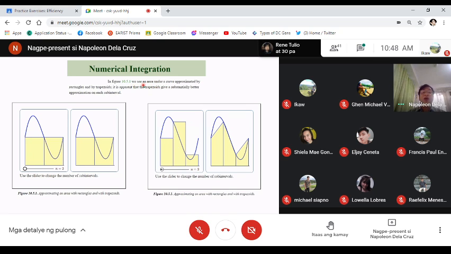So we can see in this figure, area under curve approximated by rectangles and by trapezoid. It is apparent that the trapezoids give a substantially better approximation on each interval. Kasi bakit? Okay, ito trapezoid.